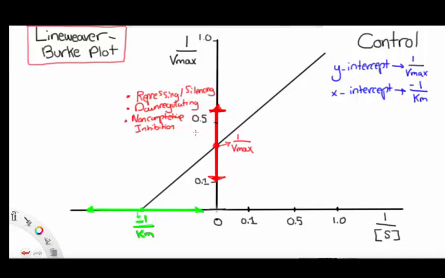However, because this is a reciprocal, everything is going to switch. And the same thing over here. If I'm getting a slope right here, and it's crossing at a lower point, let's say right here, that means we're doing the opposite. So the 1 over Vmax is decreasing, and therefore the Vmax is increasing.